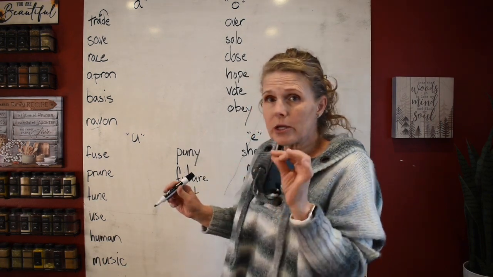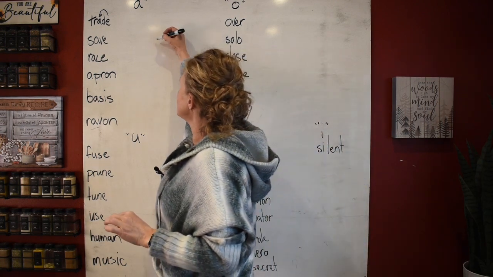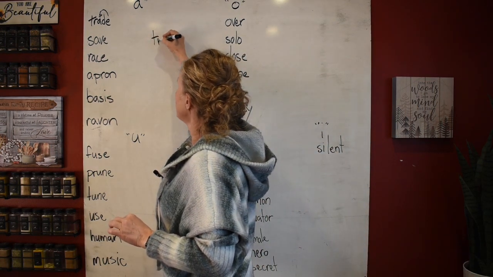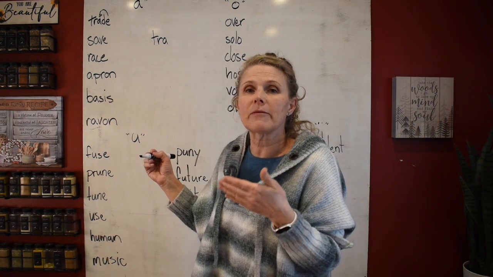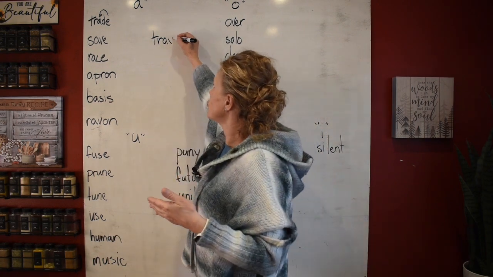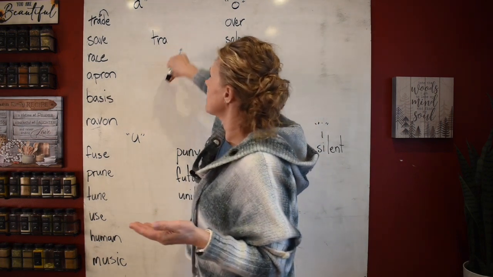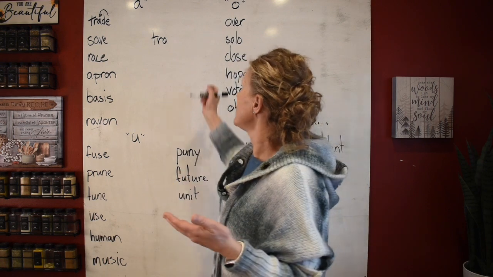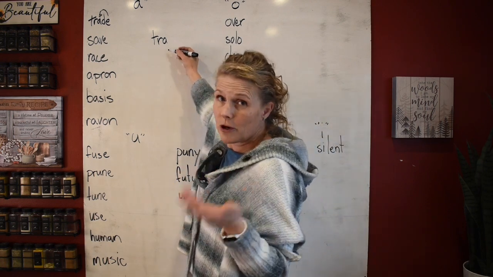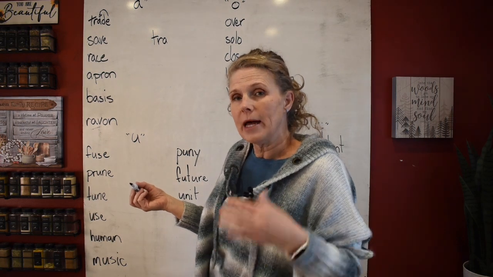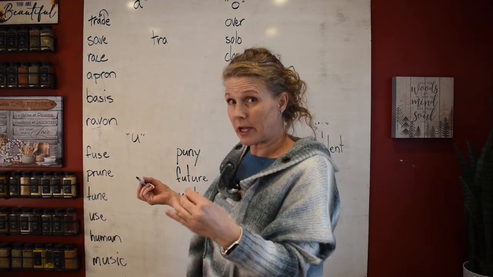Now, I want to show you how you can see your open syllable. Now, remember what an open syllable is. So if we said the word tray, pretend this is in the middle of a word, because tray truly is spelled differently, but let's say you're in the middle of a word and we want it to say tray. You're going to do it with an open syllable. Now remember, A's are tricky.